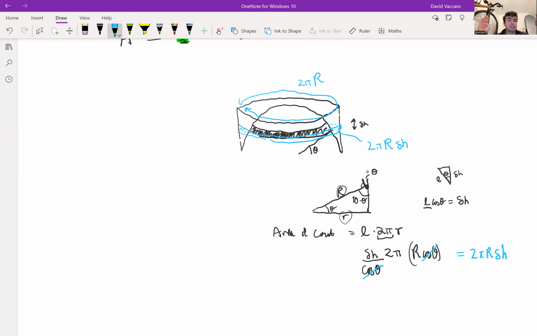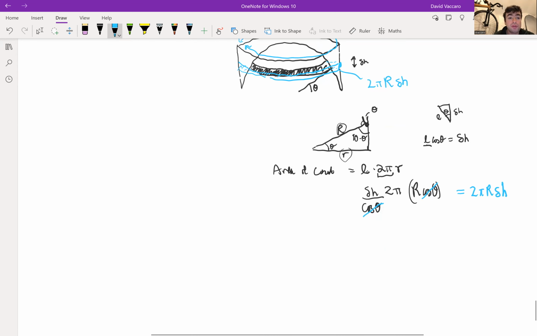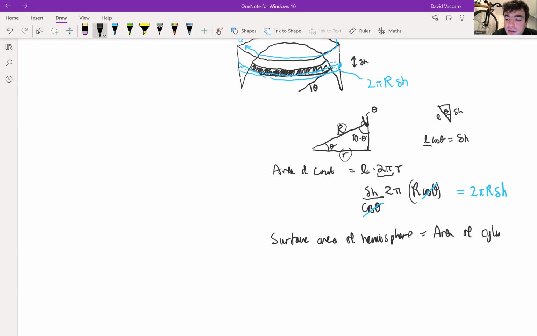same amount of crust. But crucially, this is just a bit like Cavalieri's principle for area, the area of each slice is the same. So what we've got is that the surface area of the hemisphere is the same as the area of the cylinder.